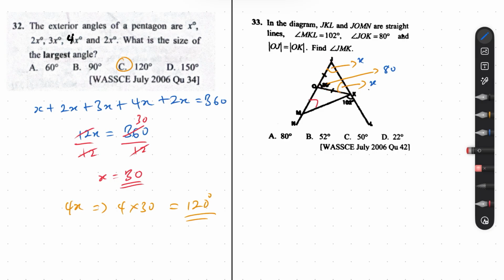So we have 2x plus 80 giving us 180, so 2x equals 100. When we divide both sides by 2, x is equal to 50. That means this x here is 50, and this is also 50.